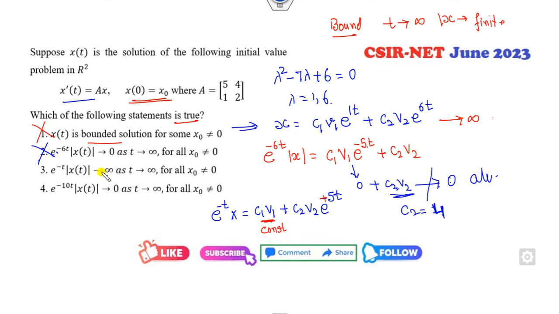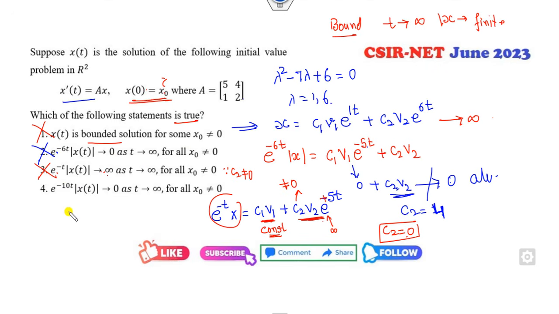When t tends to infinity, this number will go to infinity, provided C2 is non-zero. But it is not given that C2 is always non-zero. So if I choose the initial condition such that C2 is 0, then this component will be constant, but the option says infinity. So this will be infinity only if C2 is non-zero, but that condition is not given.